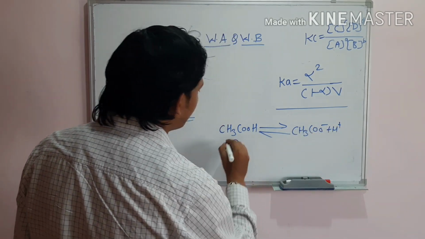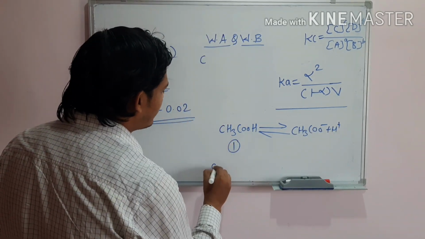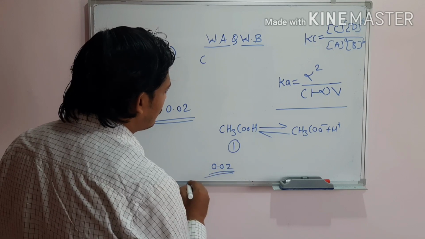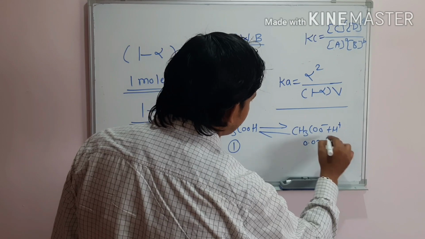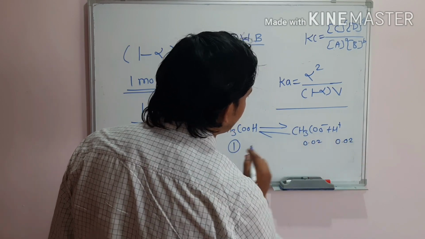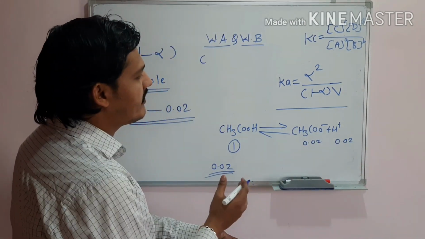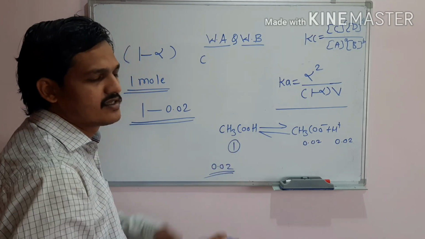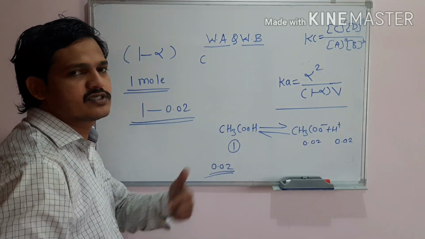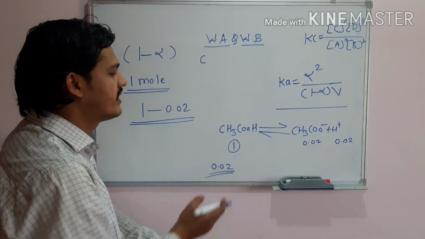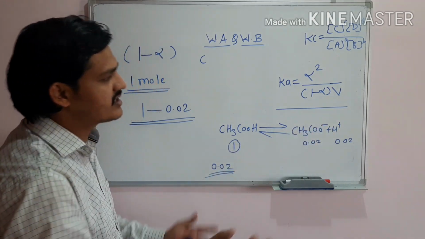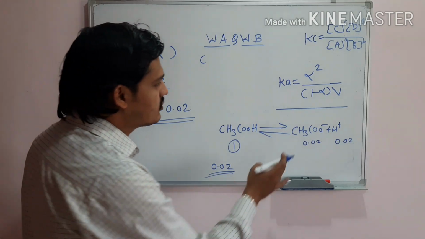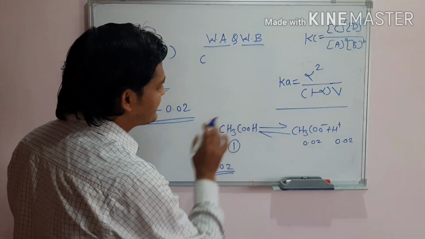Out of 1 mole only 0.02 dissociates, because these 0.02 CH3COO minus and 0.02 H plus ions again combine to form acetic acid. The process is continuous and goes on reversibly: it dissociates into acetate ions and H plus ions, and they combine again to form acetic acid.